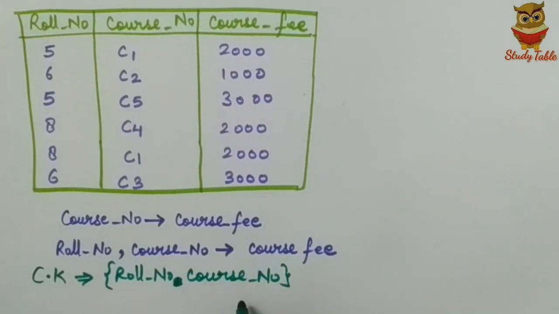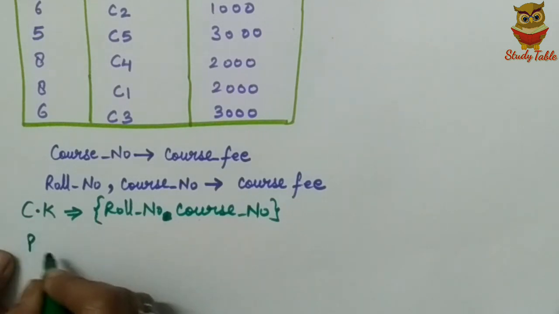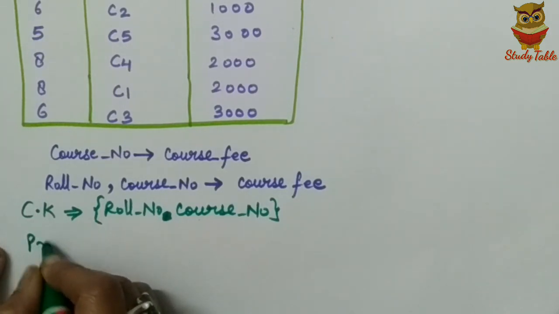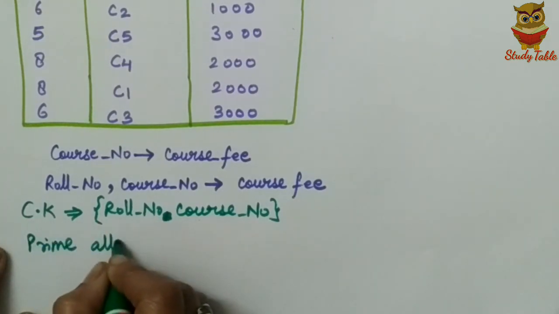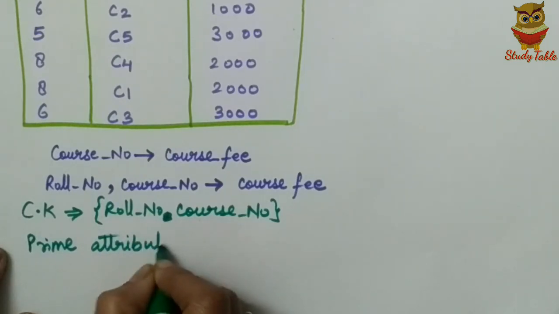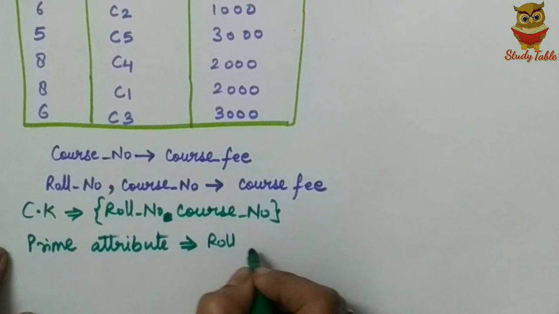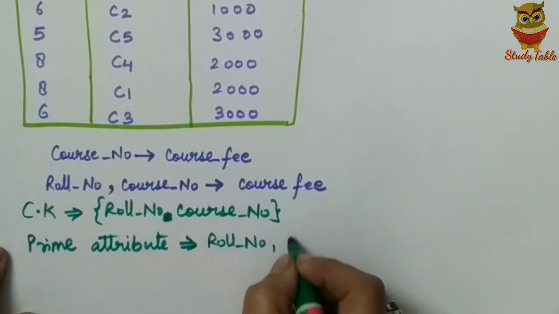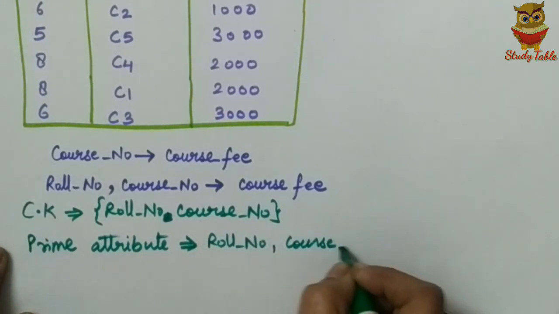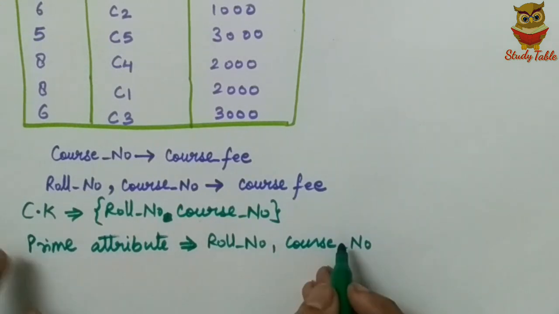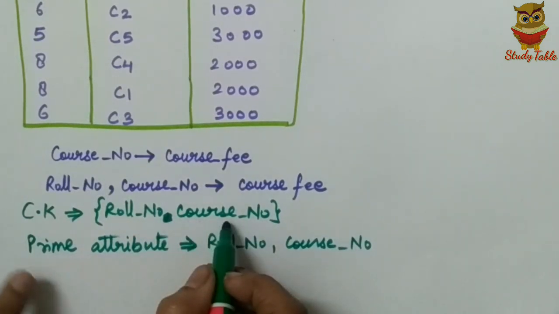After finding the candidate key, the next step is finding the prime attributes and non-prime attributes. So prime attributes will be roll number and course number. Prime attributes are those attributes which are part of any of the candidate keys.